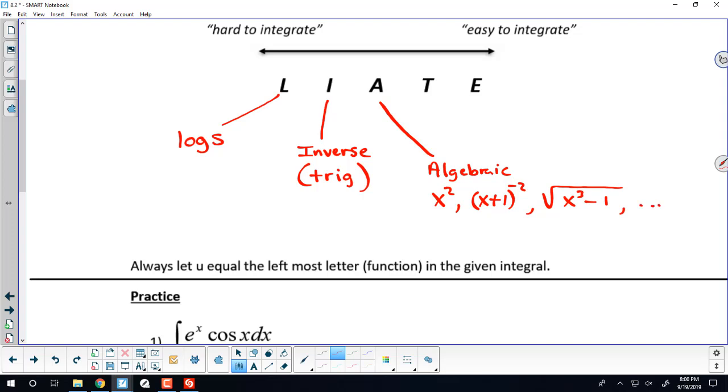T would be for your trig functions, and E for exponential. So always let u equal the leftmost function in that particular setting, from logs to exponentials.